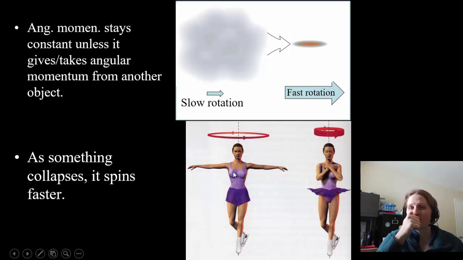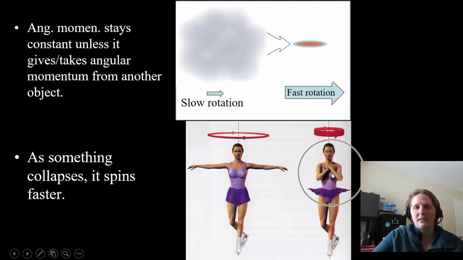Right. Have you ever noticed when you're watching ice skating, figure skating on TV, they pull in their arms and they get going really, really fast? Right? That's the law of conservation of angular momentum. When you pull your arms in closer to your body, that reduces your radius and pulls all of your mass closer to the center.